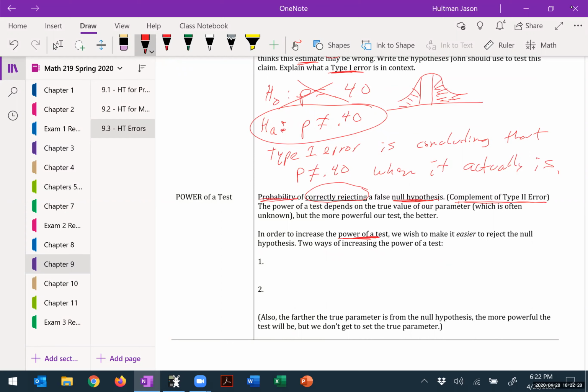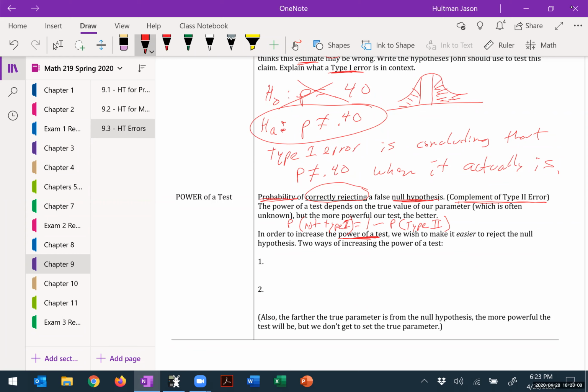So this is 1 minus the complement, so the power of the test, the probability of correctly rejecting, the probability of not getting a type 1 error is 1 minus the probability of getting a type 2 error. Okay, so that's your formula. Probability of not getting type 1 is equal to 1 minus the probability of type 2.